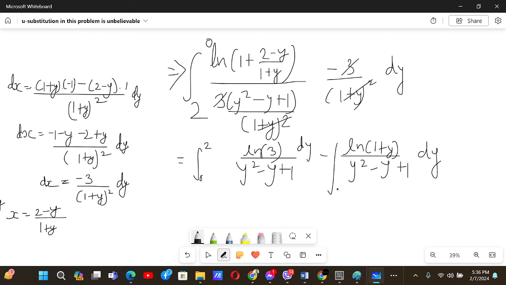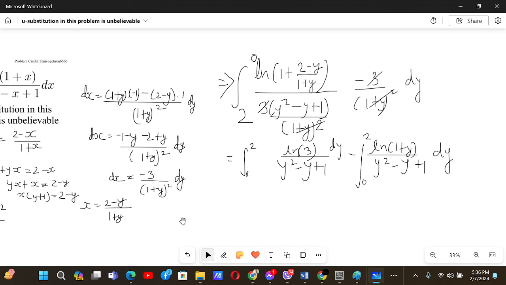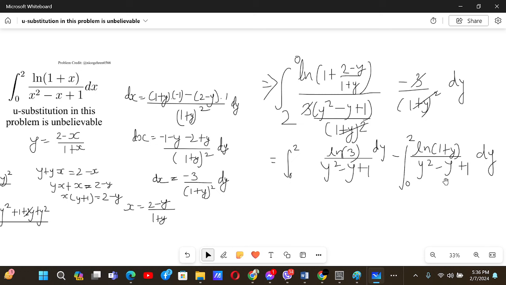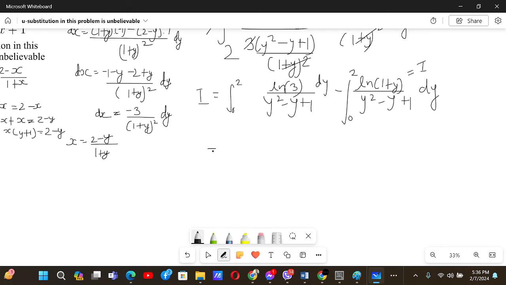The integral is again from 0 to 2. Okay, now we can see that the integral that is in the problem and the integral that we have come across are the same. That means if we let this integral be I, the integral over here will also be I.